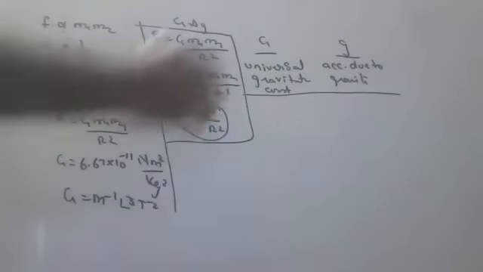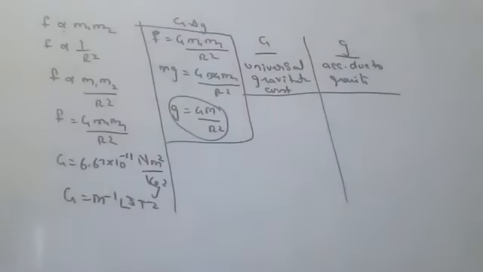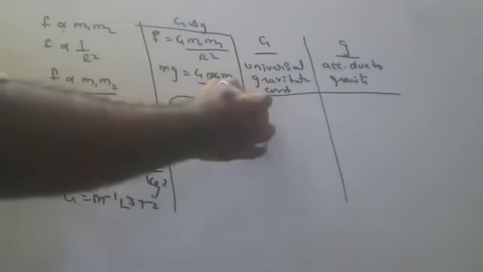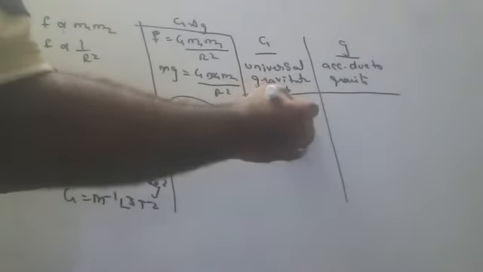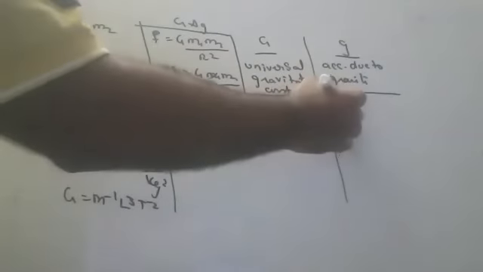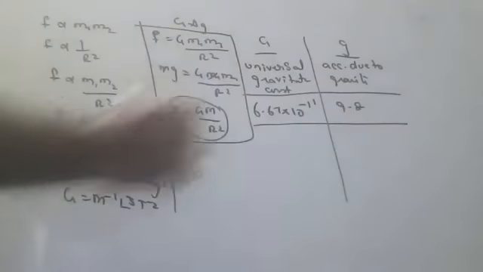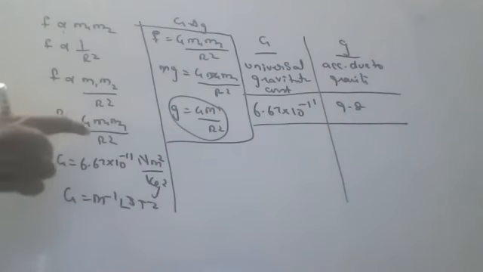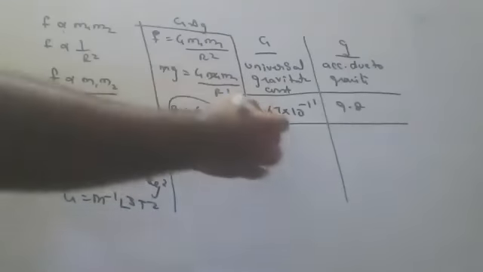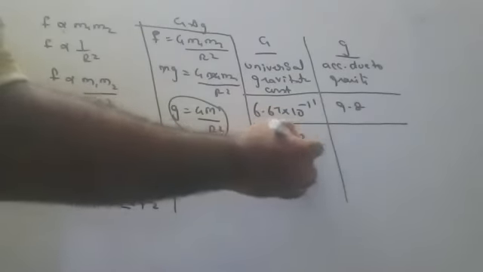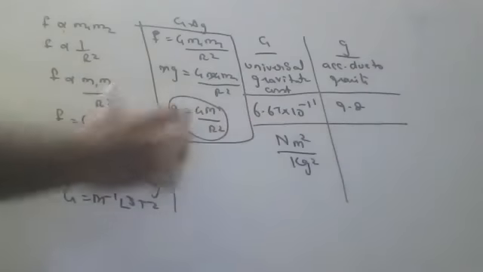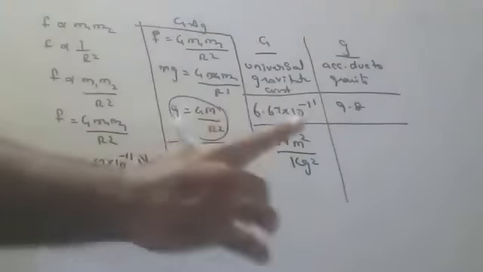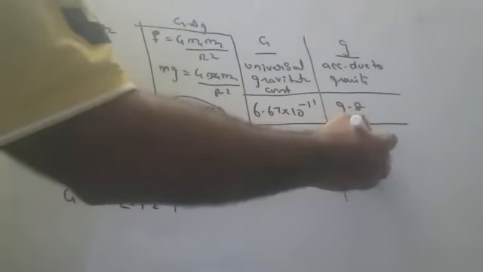Next, big G value is 6.67 into 10 to the power of minus 11, and small g value is 9.8. Big G's units are Newton meter square per kg square. And acceleration due to gravity's units are meters per second square.